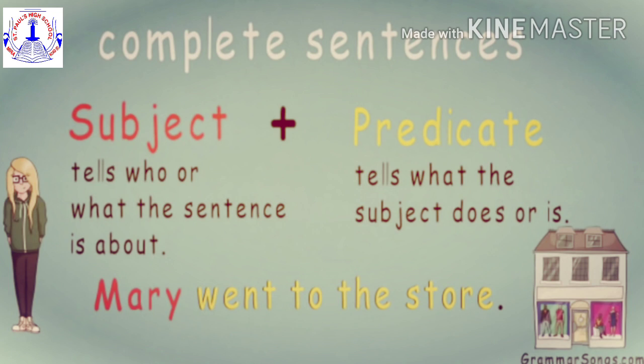In the sentence, Mary went to the store, the subject Mary is who the sentence is about. Went to the store is the predicate because it tells what Mary, the subject, did. It's important to know that a predicate usually begins with a verb and includes the rest of the sentence.